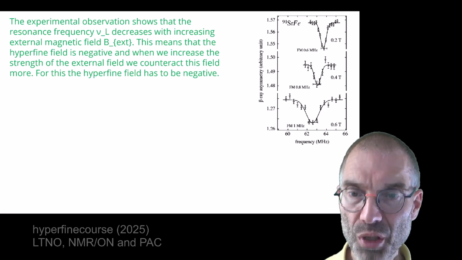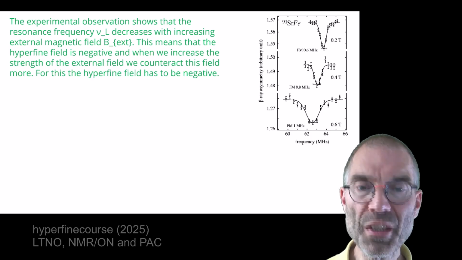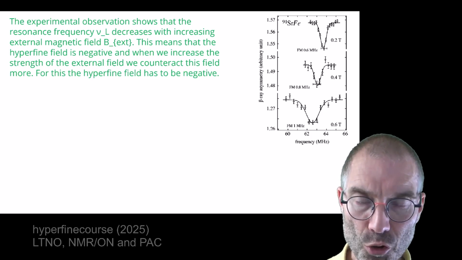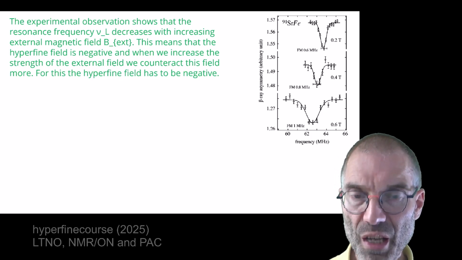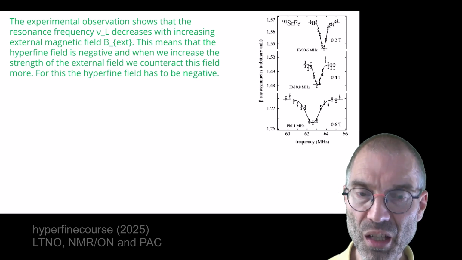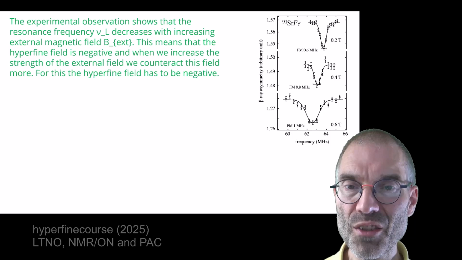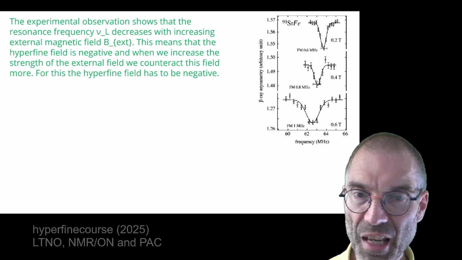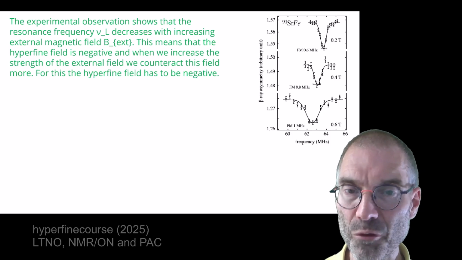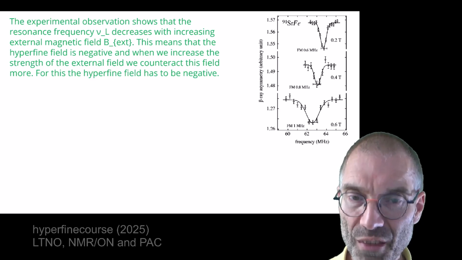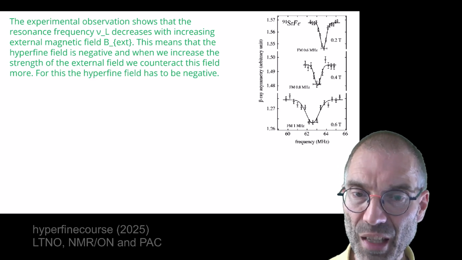So, therefore, here the hyperfine field has to be negative. And that is a correct answer. I see from the answer here that you have the right argument, although I wouldn't say that the argument is totally clear from this text. If you didn't understand it before, you may not understand it as well having seen this text.